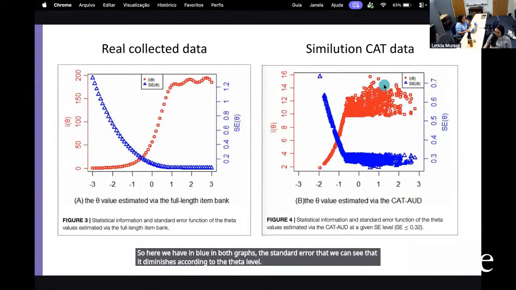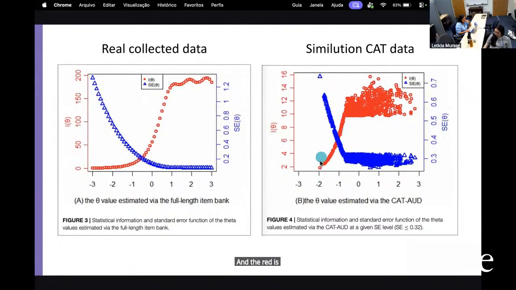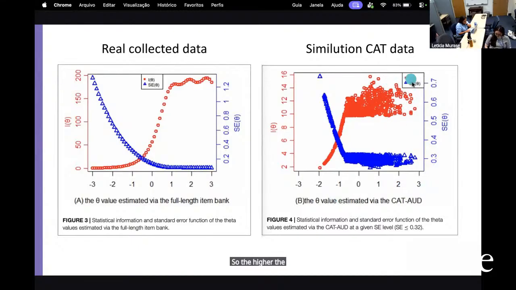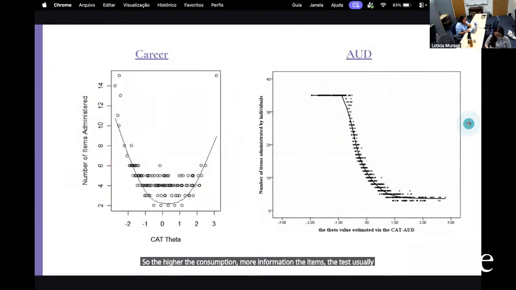And the red is the IIF index that I told you about. So the higher the consumption, the more information the test usually gives.